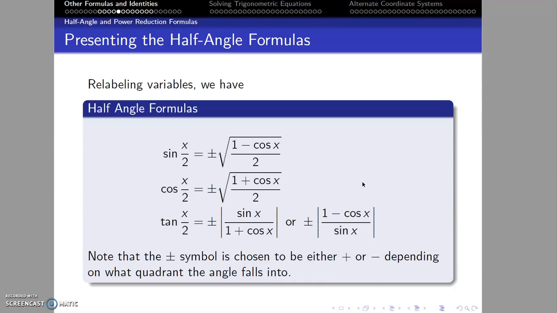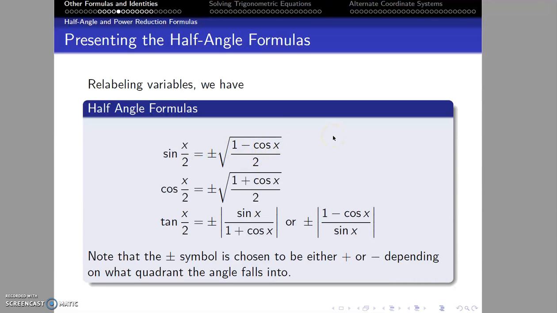And what we can do with these formulas right here, for instance, with sine or cosine of x over 2, recognizing this is an equation, is square both sides and get sine squared of x over 2 is equal to just now this expression, 1 minus cosine x over 2. And then we can solve for the cosine in terms of the higher order, or just leave it as is even.